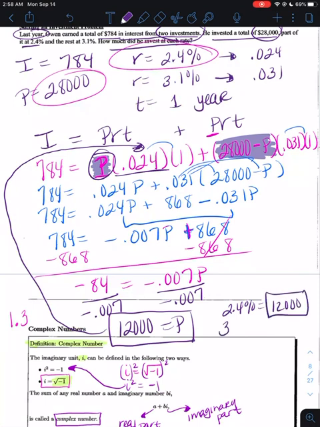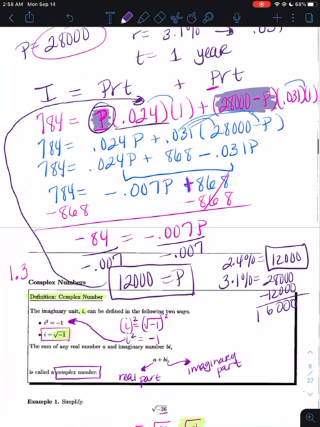And in the other account, which is the 3.1% account, it's going to be 28,000 minus the 12,000. If I subtract that, I get 16,000. This is how much he invested in the second account.